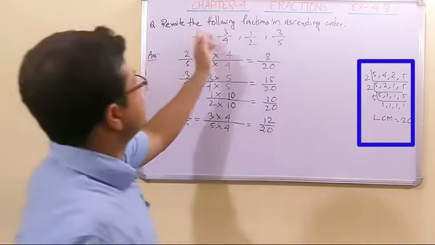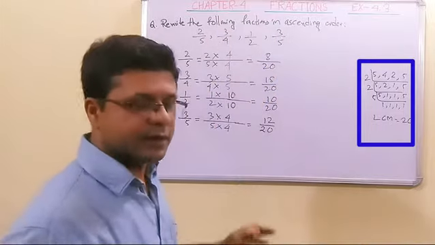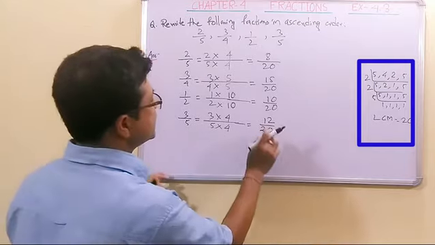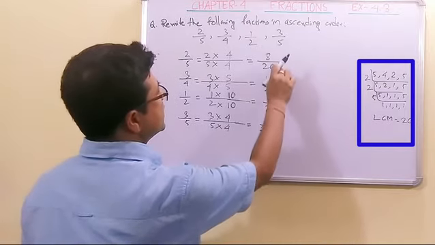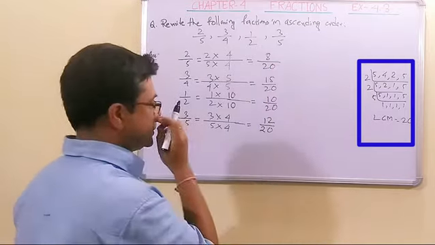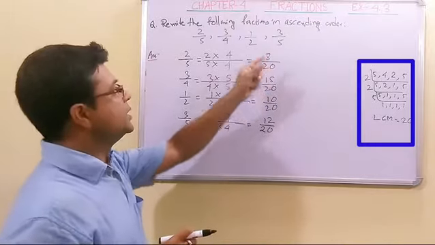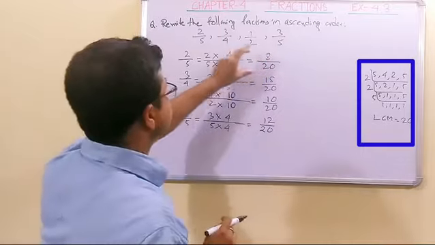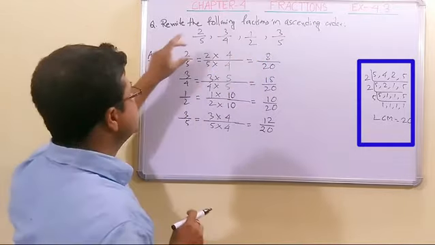The question is, write the fractions in ascending order, meaning smaller to bigger. Okay, so here in each case the denominators are equal, so the smaller the value of the numerator, the smaller is the value of the fraction. So the smallest value is 8, and the corresponding fraction is 2 by 5.